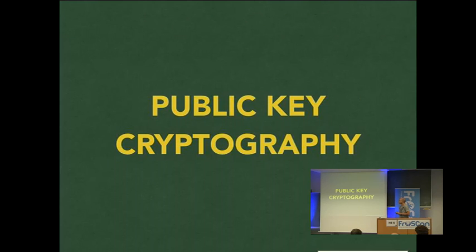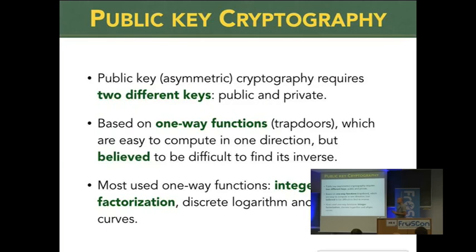First, public key cryptography. Who knows how public key cryptography works? Okay, lots of people. Public key cryptography, also called asymmetric cryptography, requires two different keys: a public key, so we can share that key with anyone, and a private key.